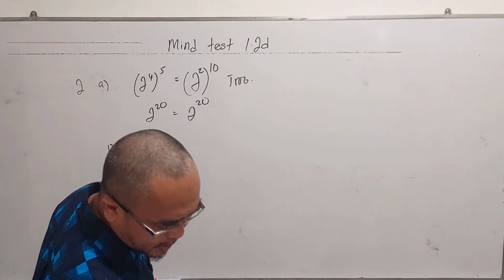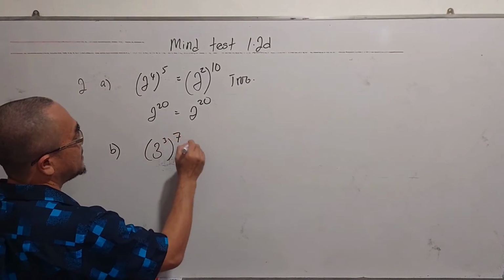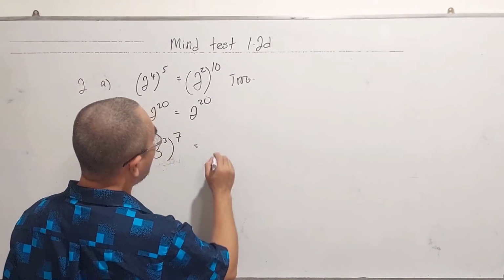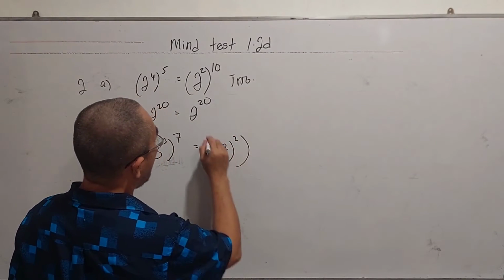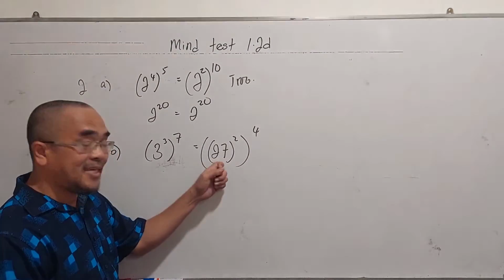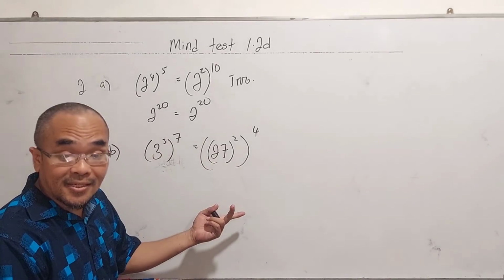How about for B? 3 to the power of 3 to the power of 7 equals to 27 to the power of 2 to the power of 4. Okay, this one is a little bit different because the base here is 27. I will change one of the base into another.